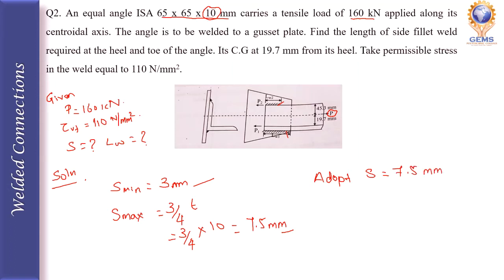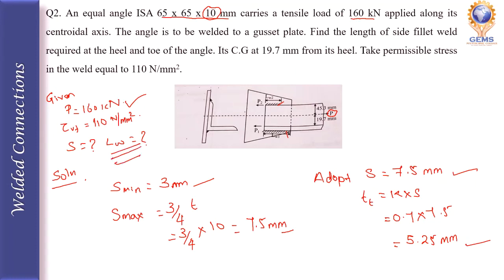If S value is 7.5 mm, what is the effective throat thickness? TT value will be K into S, that is 0.7 into 7.5, so it will be 5.25 mm. So we know S value, we know TT value, and P is given in the question. From this, can we find the LW value?